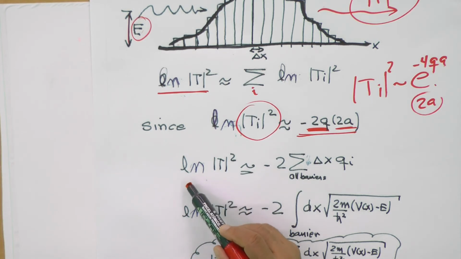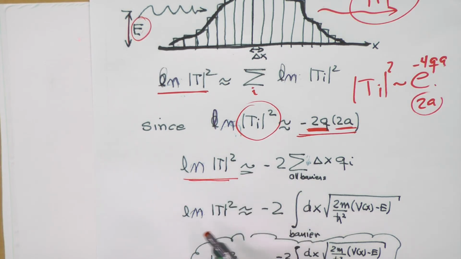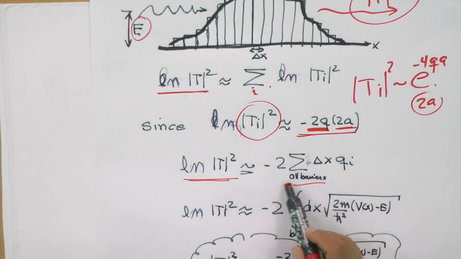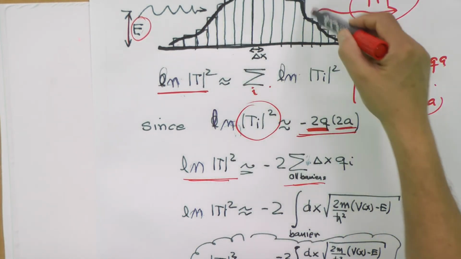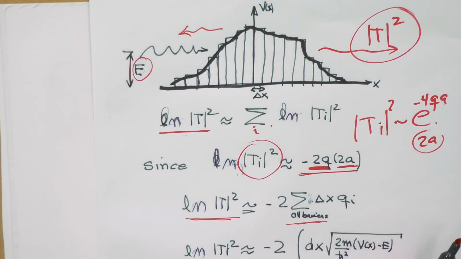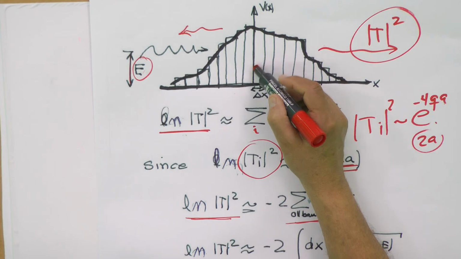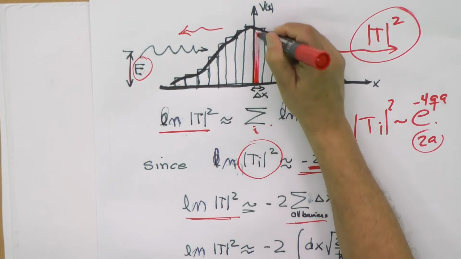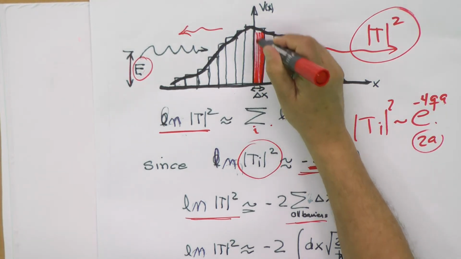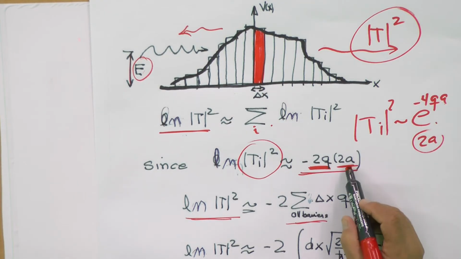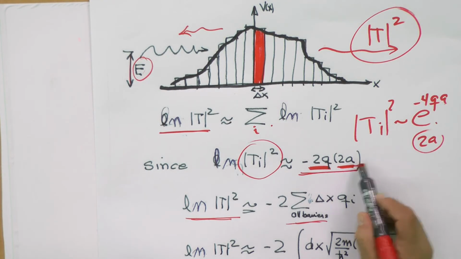And then the logarithm of T squared is actually the sum over all the rectangular barriers that make my potential, times delta x. So each individual barrier has a width delta x, and delta x is the 2a.